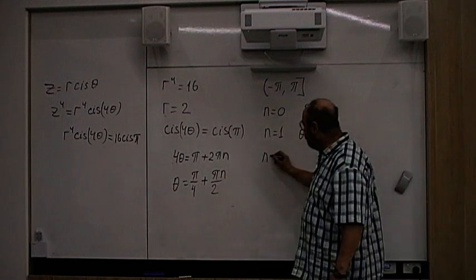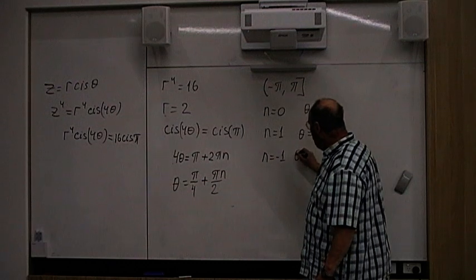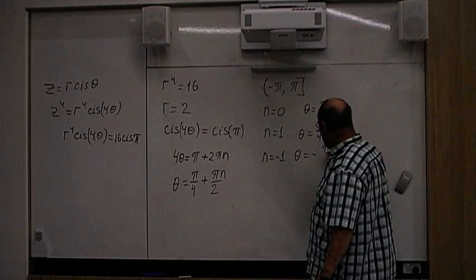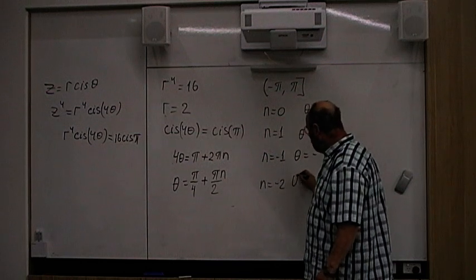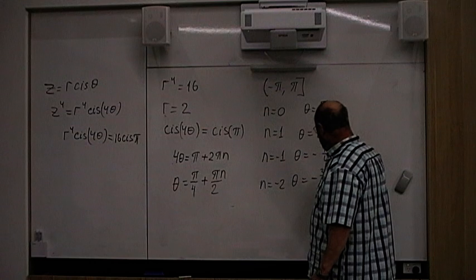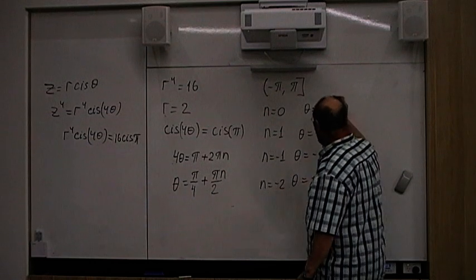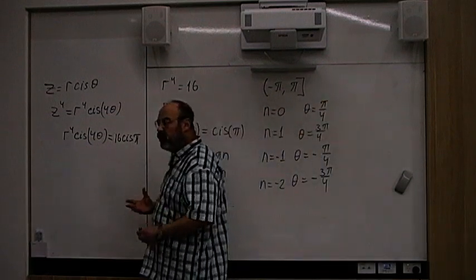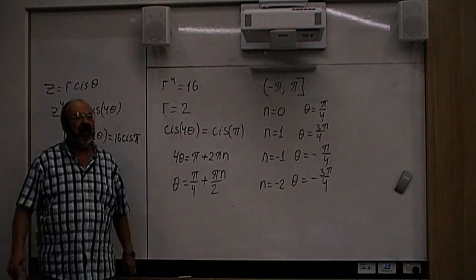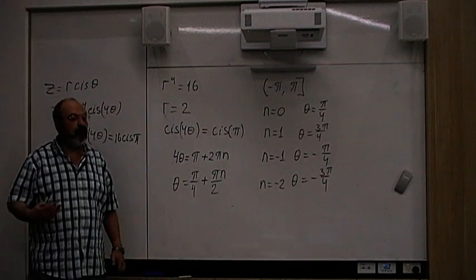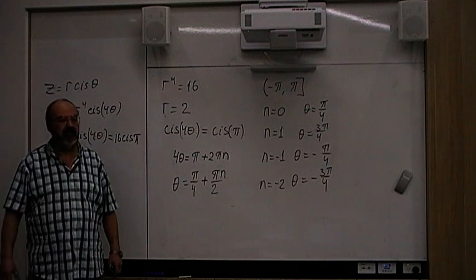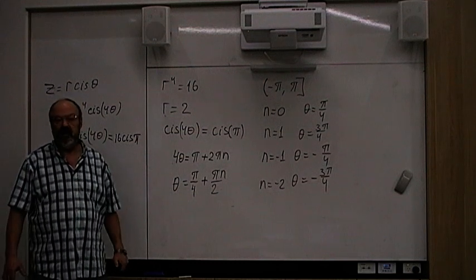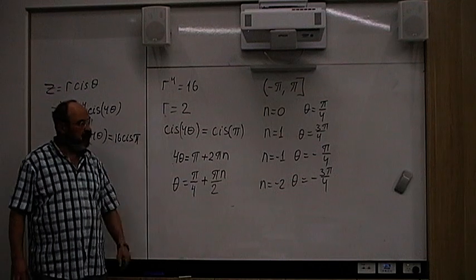Then we take n equals negative 1, theta will be equal negative pi on 4. We take n equals negative 2, we get theta equal negative 3 pi on 4. So we got 4 solutions, and it always is so in complex numbers: when we find a 4th root, it has to be 4 solutions. If the 5th root, 5 solutions. Cubic root, 3, always as many solutions as the power.